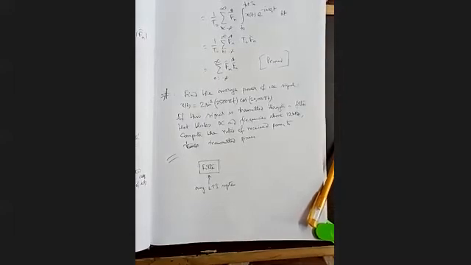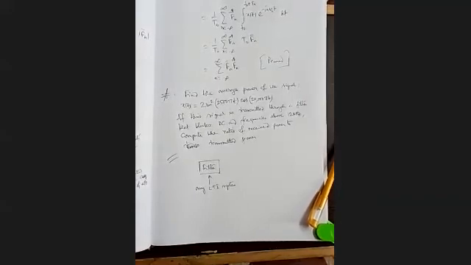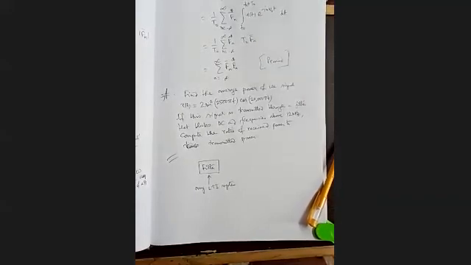Because this system allows certain frequencies to appear at its output and blocks the other frequencies from coming to the output. So if we apply an input, then some of the frequency components of the input will be available at the output, and some other frequency components will not.